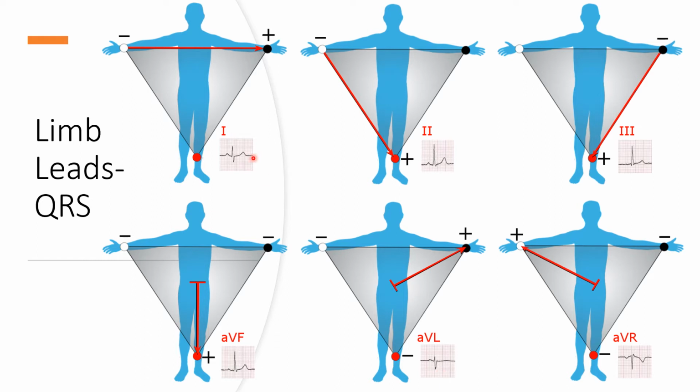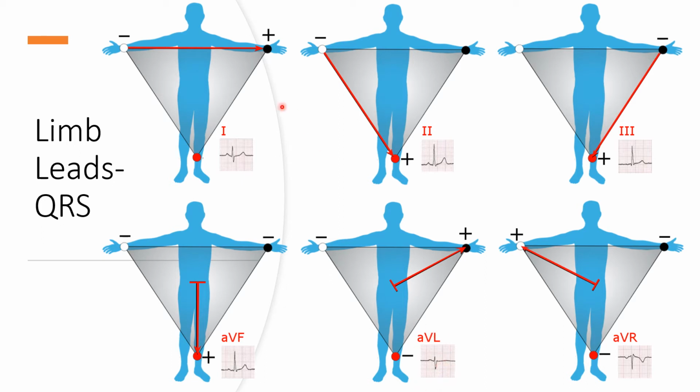The QRS complexes also move from right towards left, and therefore in lead 1 and AVL the QRS complexes are positive. Now AVL is probably the most isoelectric lead in a normal heart, which means that there is an equal amount of positive and negative deflections in the QRS complexes of AVL.